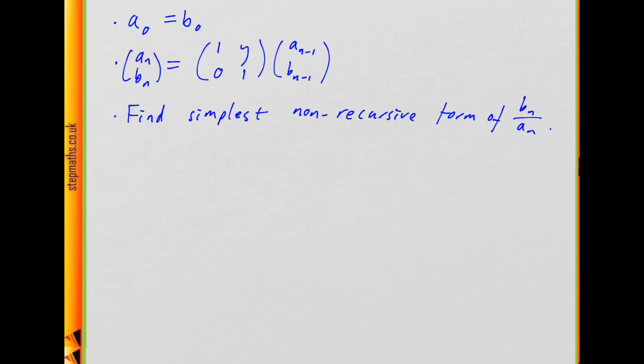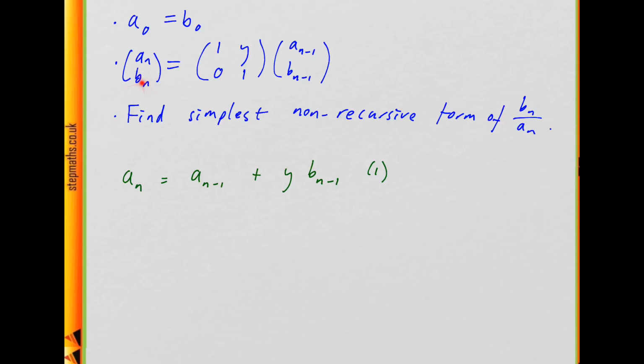How do we get this coordinate? Well, we do the top row of the matrix times the vector. That means we do 1 times this plus y times this. So 1 times An minus 1 is just An minus 1, and then we have plus y times Bn minus 1. And I'll call this 1 so I can come back to it later, and we'll just look at the second component now.